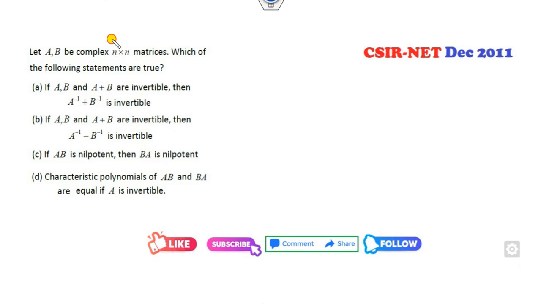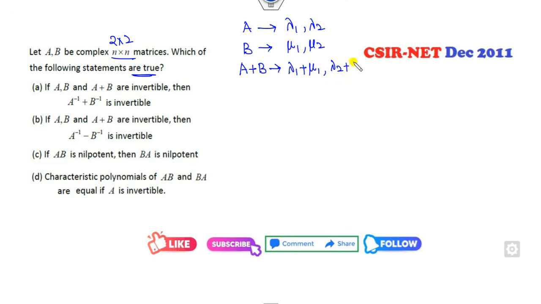Okay. A and B are 2 cross 2 complex matrices. Which of the following statements are true? A has eigenvalues lambda 1 and lambda 2. B has eigenvalues mu1, mu2. A plus B has eigenvalues lambda 1 plus mu1, lambda 2 plus mu2. Now the first option: A plus B are invertible.